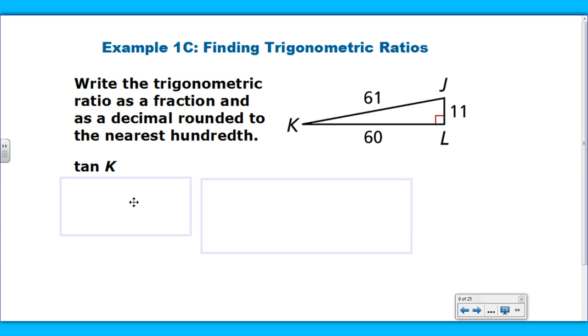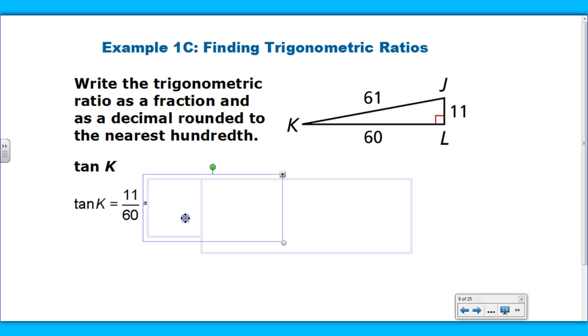Write the trigonometric ratio as a fraction and a decimal to the hundredths for tangent of K. Tangent. So, TOA. Tangent is opposite over adjacent, not over hypotenuse, right? So the tangent of K would be 11 over 60. And round to the hundredths, and you have 18 hundredths.